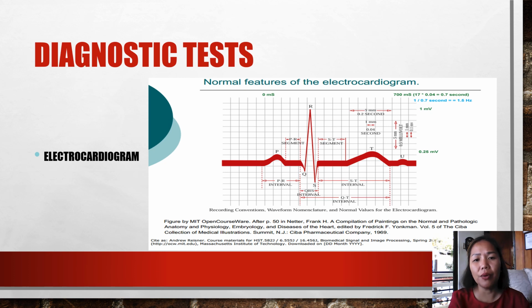ST segment, where the entire myocardium is entirely depolarized. QT interval, which is the start of ventricular depolarization to the end of ventricular repolarization. You can just read on how to read an ECG, since ECG reading needs a separate session of lecture.